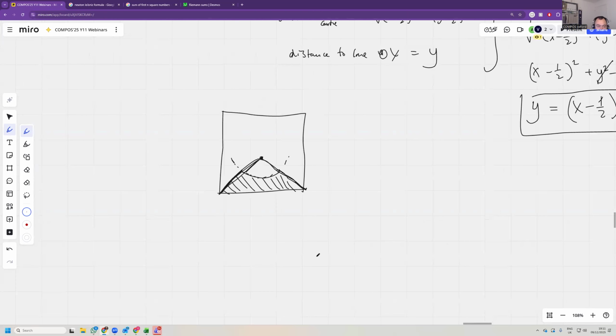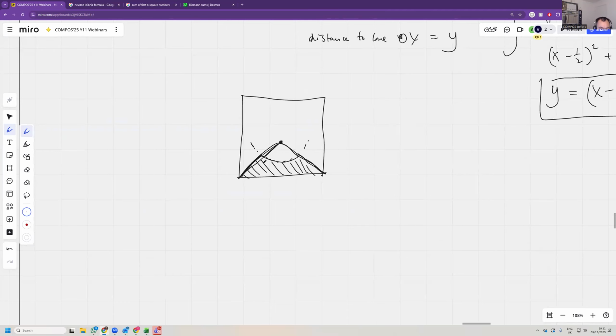The shaded area is the area under the curve. So we need to find these values of x. This is 1, so we actually just need to find a half. We don't need the whole thing. It's just 0.5. We need to find this area, and the area of this small triangle.